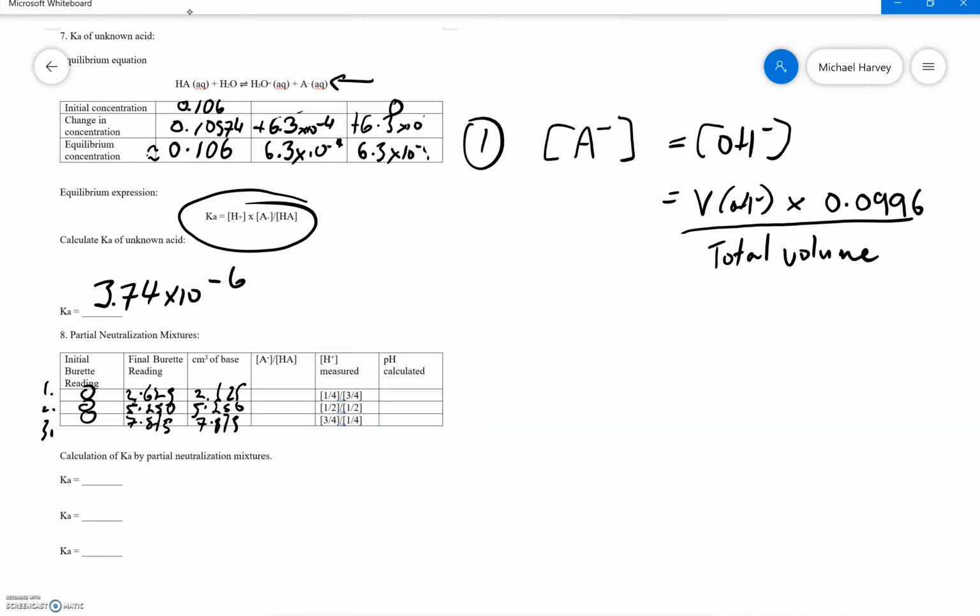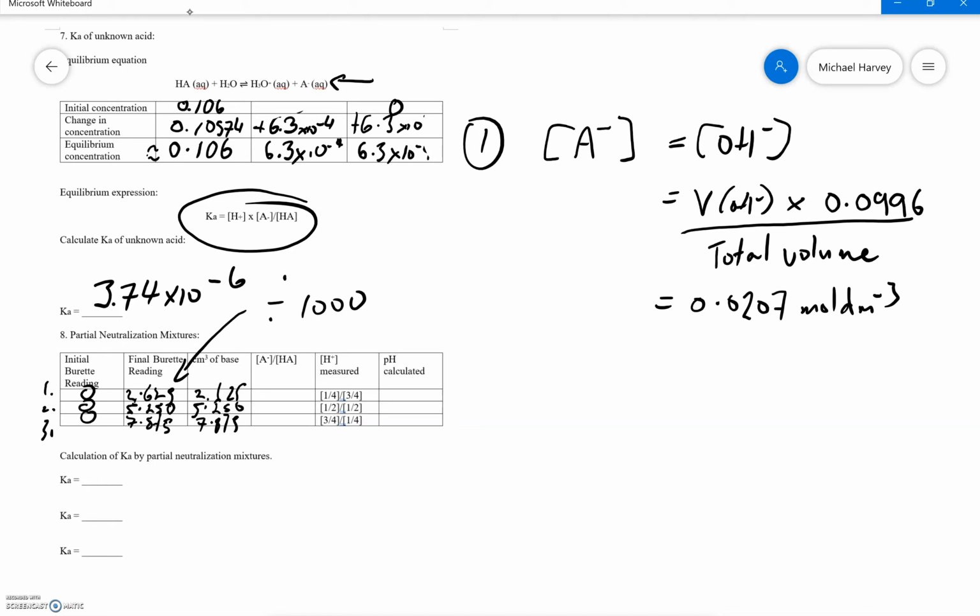Okay, so if you plug in the numbers, the volume of the hydroxide will of course come from here, and you have to divide by 1000 because you're converting centimeters cubed into decimeters cubed, and the number we come up with is going to be 0.0207 moles per decimeter cubed. Okay, so the concentration of the A minus.